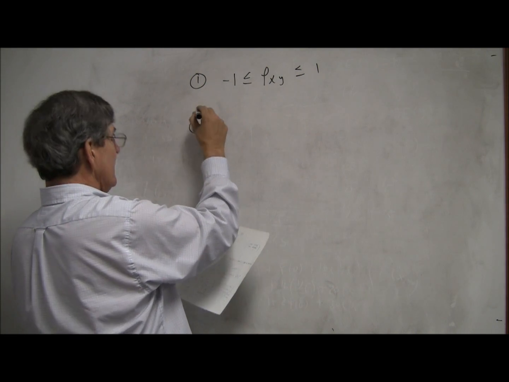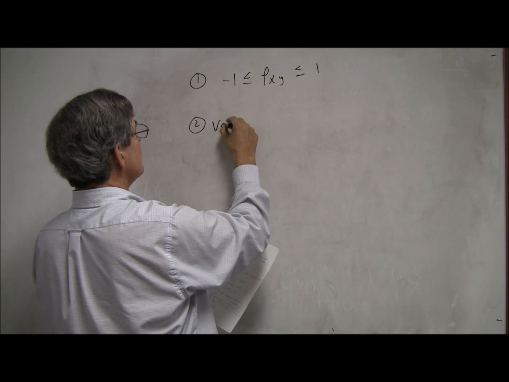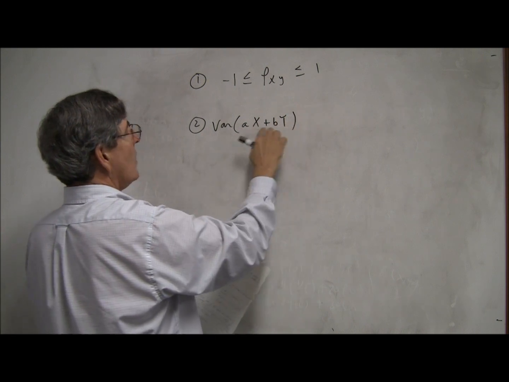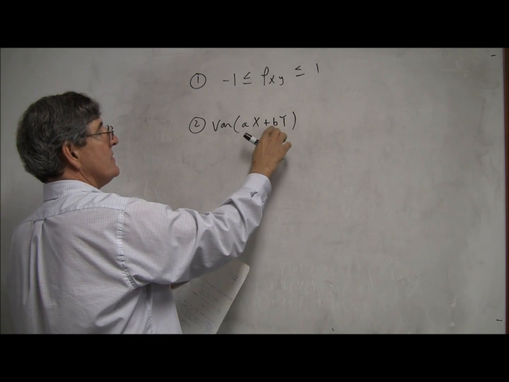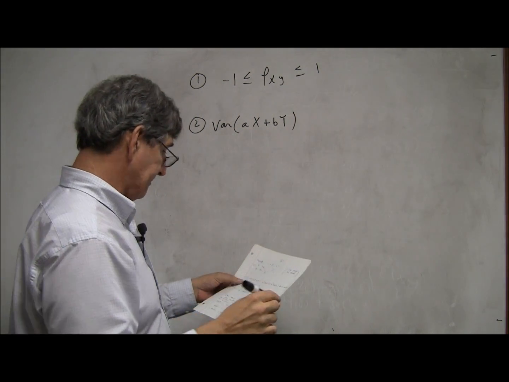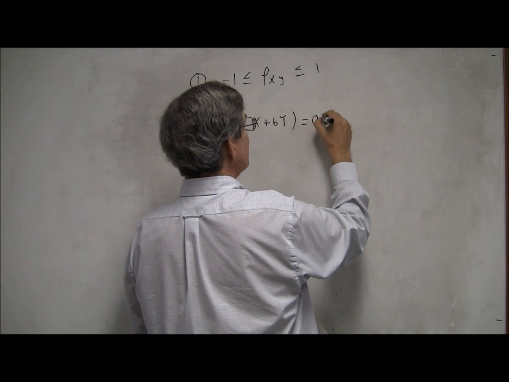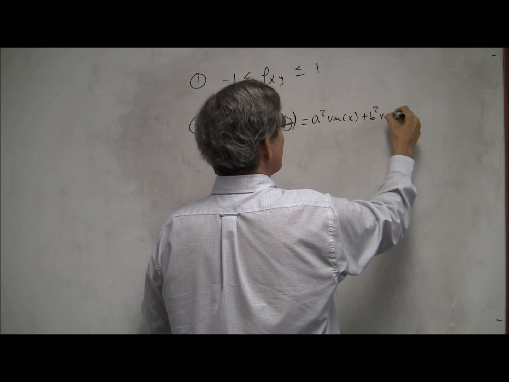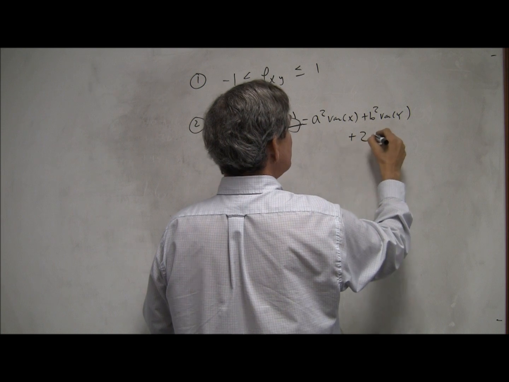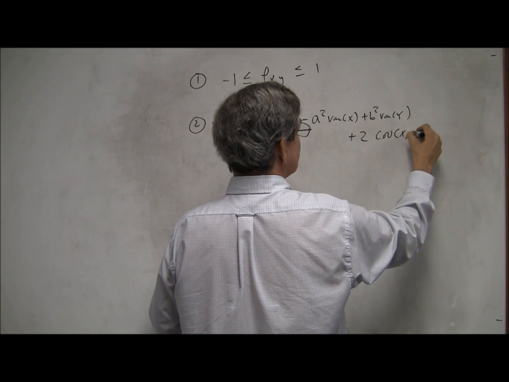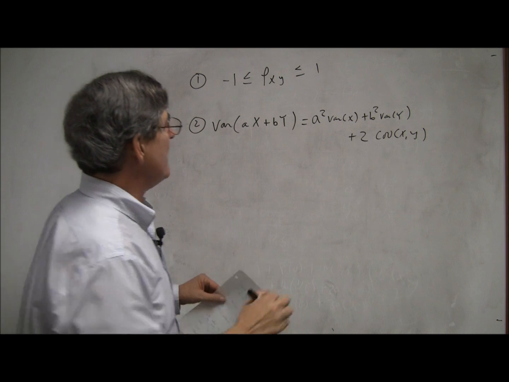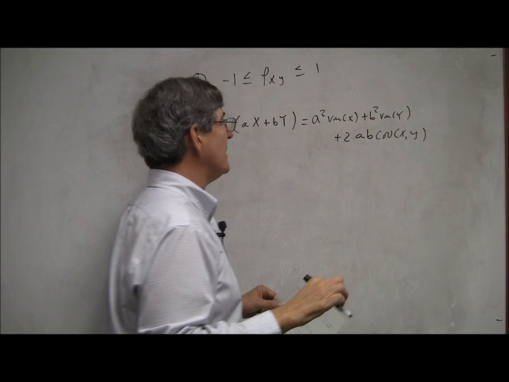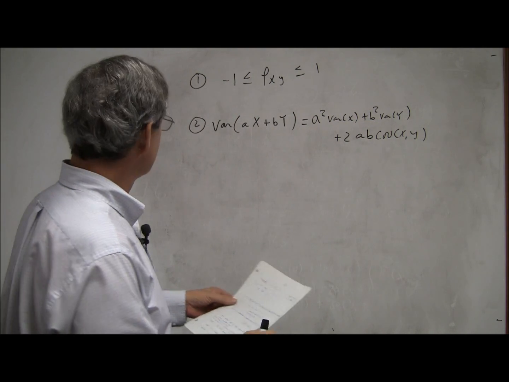The second property is that the variance of ax plus by, where x and y are random variables and a and b are just numbers, is equal to a squared times the variance of x plus b squared times the variance of y plus 2ab times the covariance of x and y.